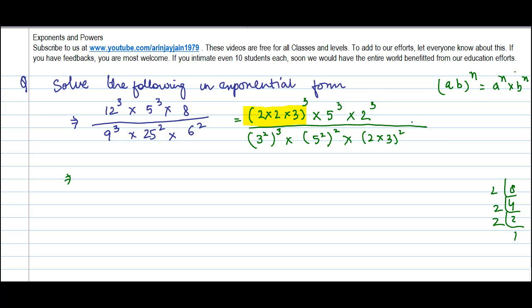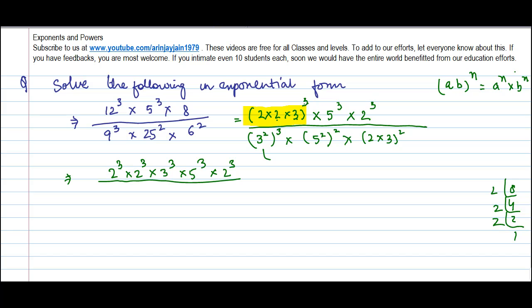But that should apply equally here as well. So you can write 2 into 2 into 3 cube as 2 cube into 2 cube into 3 cube, a to the power n, b to the power n, and c to the power n, into 5 cube into 2 cube. So now I have all the numbers as single primes.